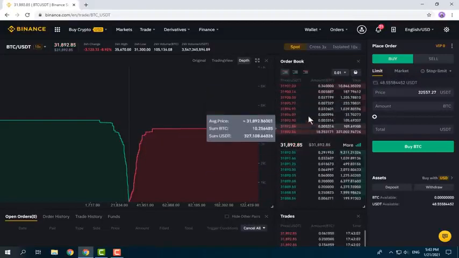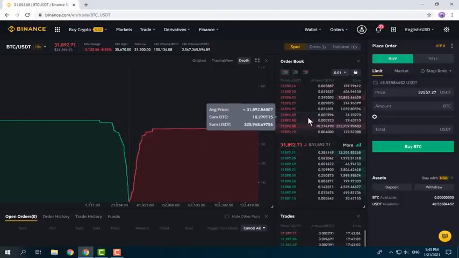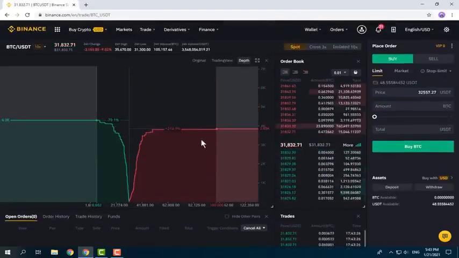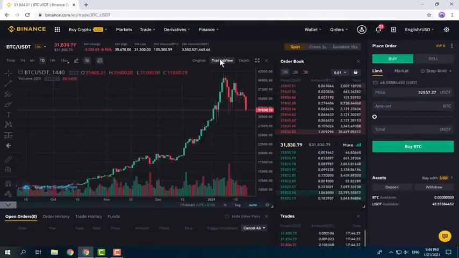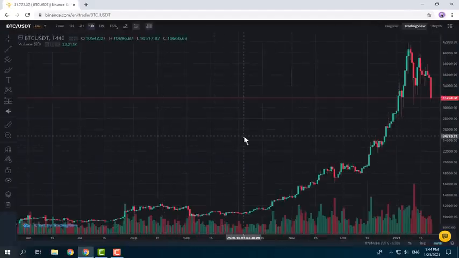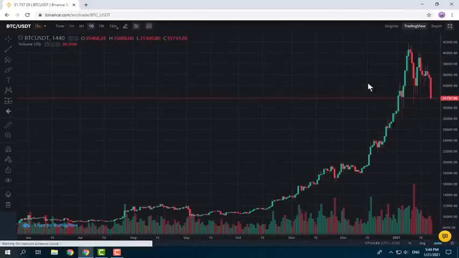Actually, these are pending orders you see here in the order book section, and the most recent completed orders are shown here in the trades section. So here, these are the most recent trades that are successfully completed. Okay, getting back to the price chart, by the help of this button, you can have a full screen chart, which is more helpful when you're analyzing the chart.